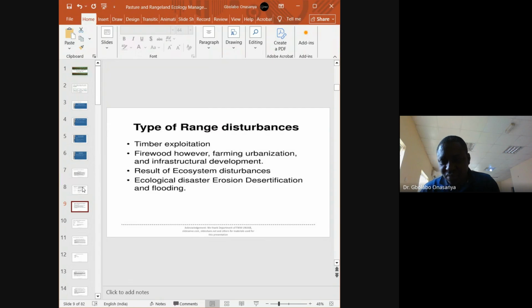urbanization, industrialization, because urbanization can cause encroachment into rangeland. Industrialization can cause encroachment into rangeland. And that is what we are facing now in Nigeria.